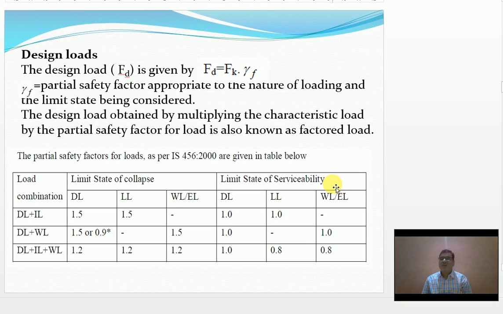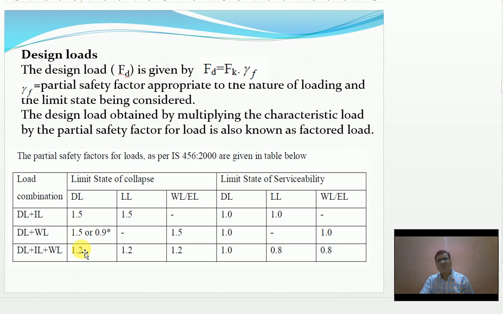Well, IS 456 gives a table for this load factor. Different factors are given for the limit state of collapse, and different factors for the limit state of serviceability. In the table, columns 2, 3 and 4 give us the load factors for the limit state of collapse, and the remaining 3 columns give us the load factors for the limit state of serviceability.